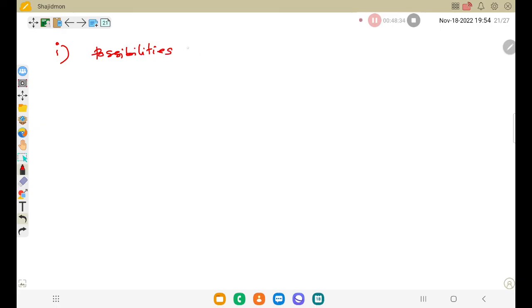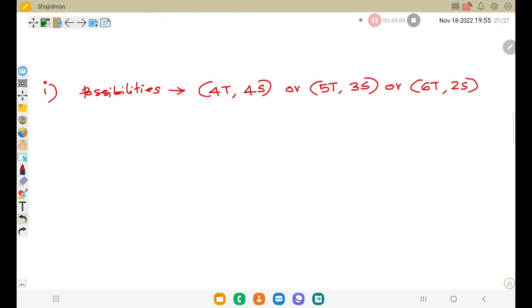We have 4 teachers, then 4 students automatically, correct? 4 teachers, 4 students, because minimum 4 teachers. So 8 we will get. Otherwise, 5 teachers and 3 students, then also 8. Otherwise, 6 teachers and 2 students. So these are 3 options.